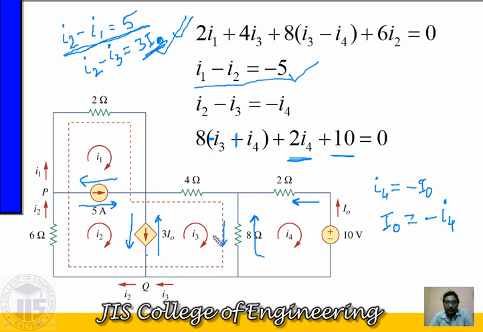Now for this case, actually it's written over here I2 minus I3, the value is actually thrice of I0. The equation was I2 minus I3 is equals to thrice I0. I0 means minus of I4, so it will be minus thrice of I4.